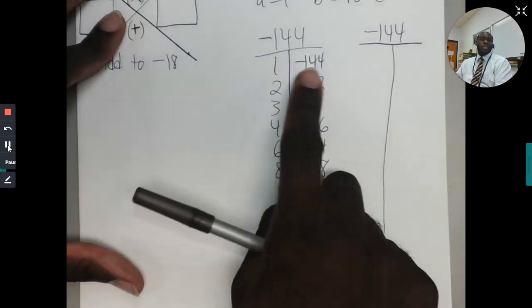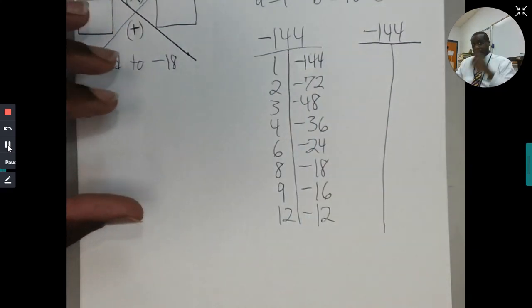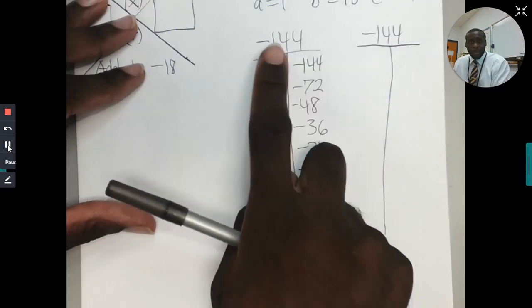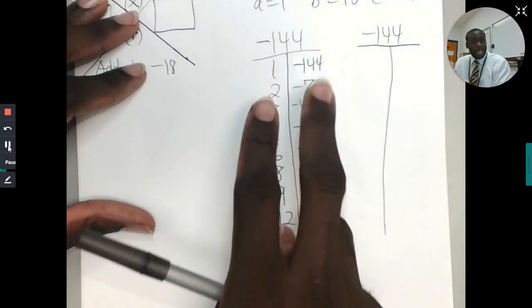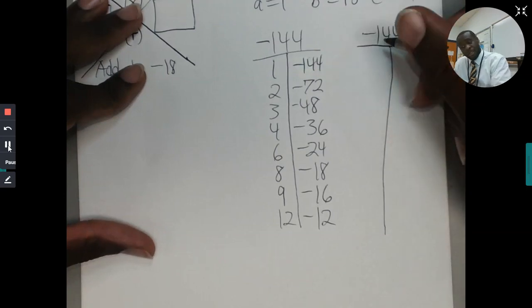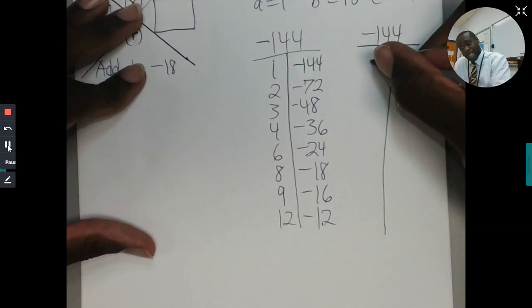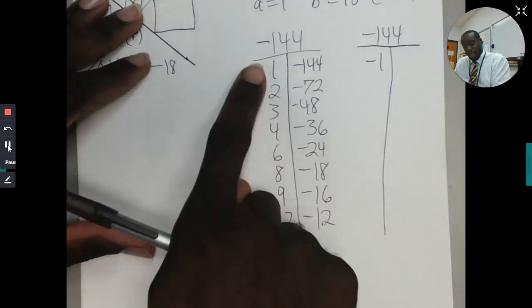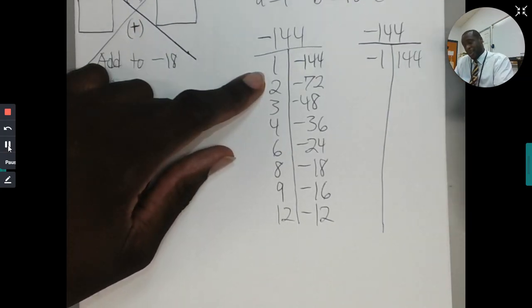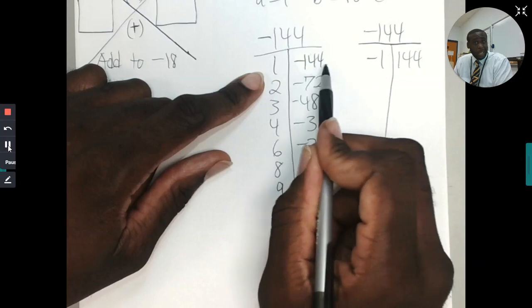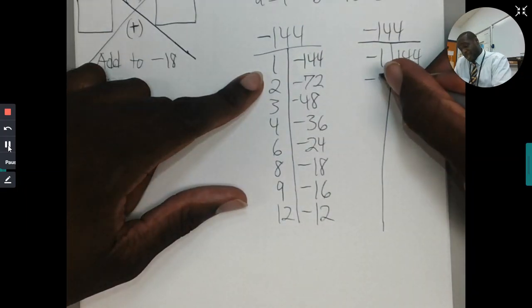So remember, these are not the only options, because when you're taking factors of a negative number, one of the numbers has to be negative, but you can flip-flop the signs. We didn't say which of these numbers has to be negative, so we have more options here.